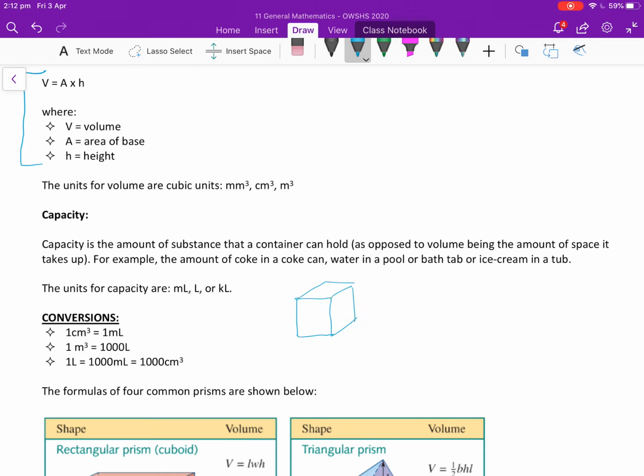It's quite a large thing, so that's why it holds 1,000 litres. And then 1 litre is 1,000 millilitres, milli meaning 1,000th. So 1 litre can also hold 1,000 centimetres cubed, because centimetres cubed and millilitres are the same.